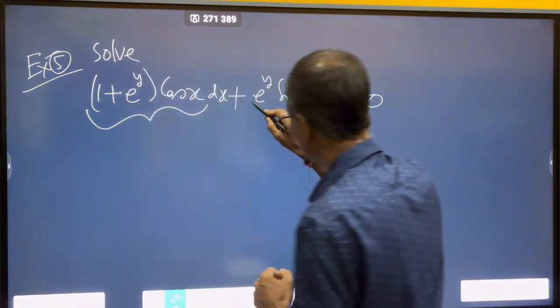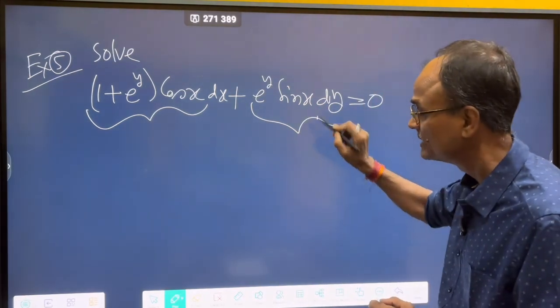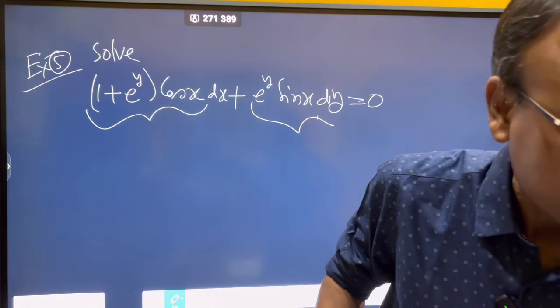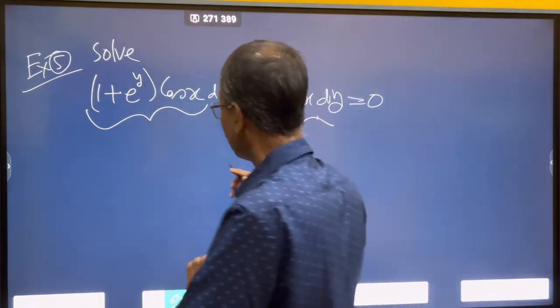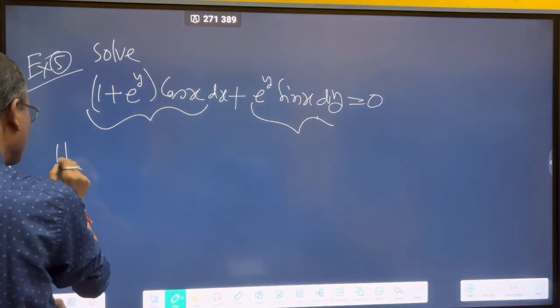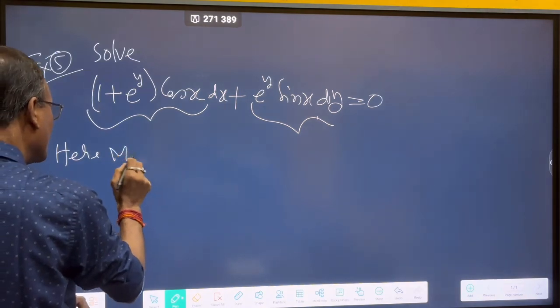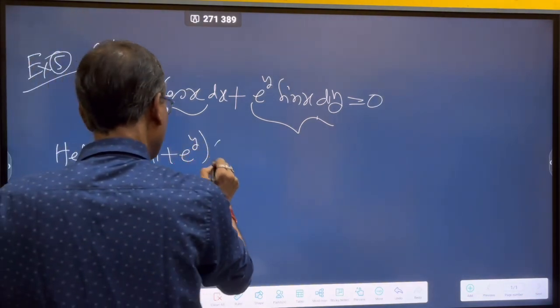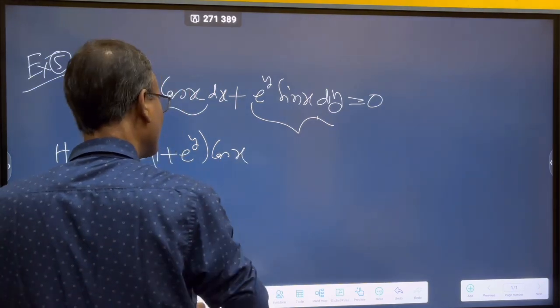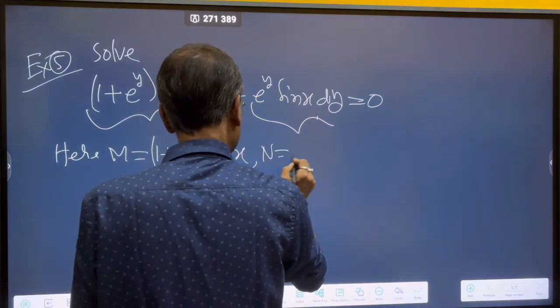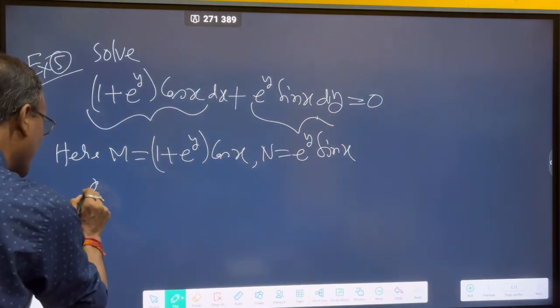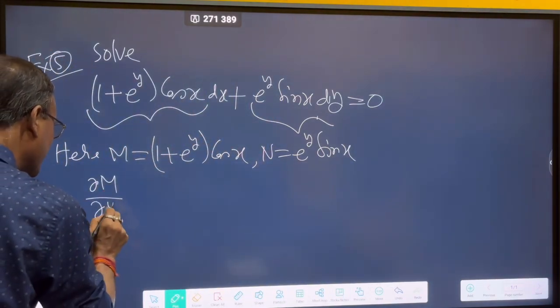Here, if you compare this differential equation with M dx plus N dy equal to 0, then M equal to 1 plus e to the power y cos x, N equal to e to the power y sin x. What is del M by del y?